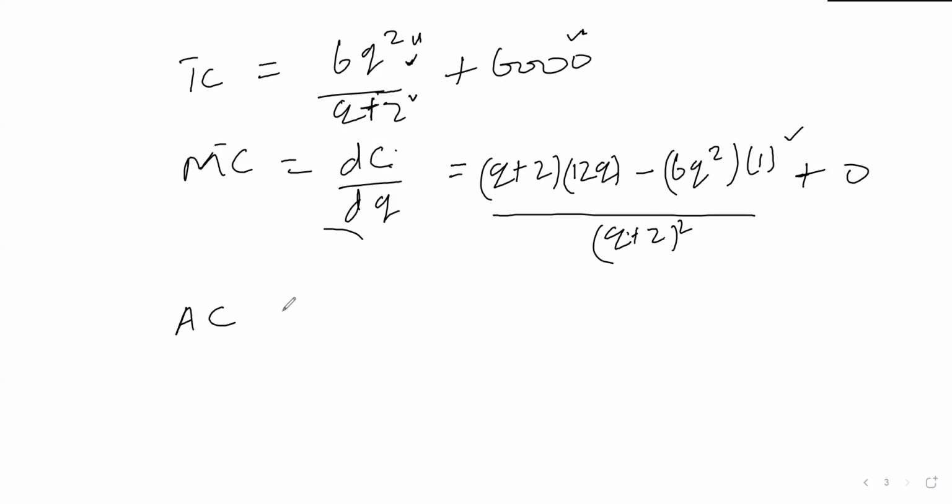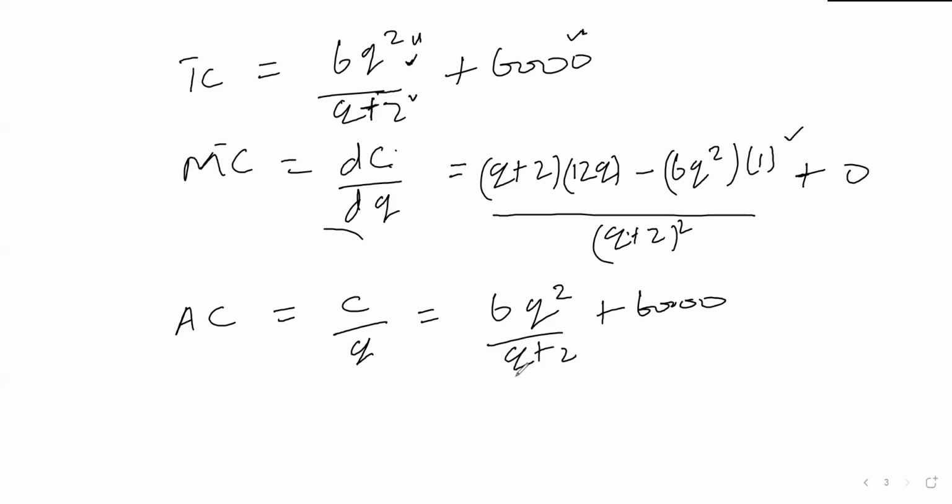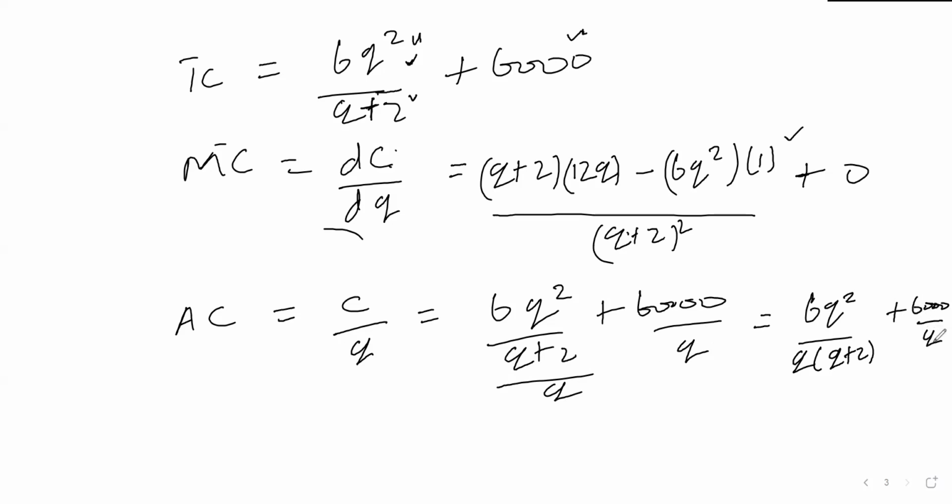And our average cost will then be total cost over quantity, which was 6Q squared divided by (Q plus 2) plus 6,000, all of this over Q. So the final thing will be 6Q squared over Q times (Q plus 2), plus 6,000 over Q. And that's our average cost.